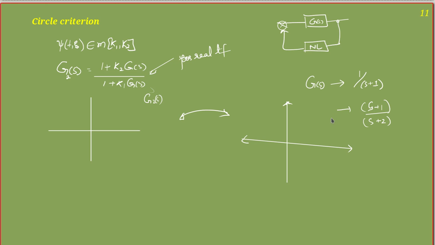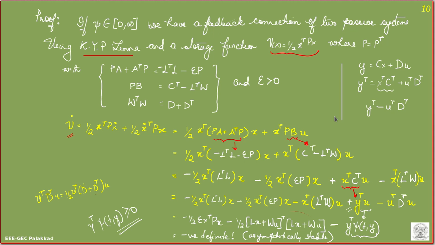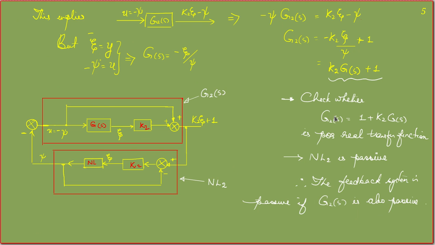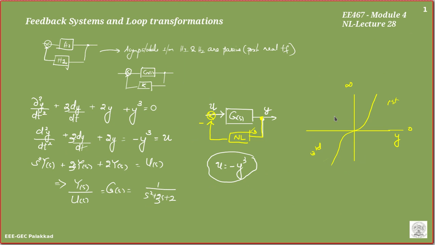Okay. So this is about loop transformations. I don't want you to get scared seeing all these transformations. The only thing that we had been trying to say is that if I have G of s and a nonlinearity here, I have to convert it into a nonlinearity within the sector 0 to infinity.